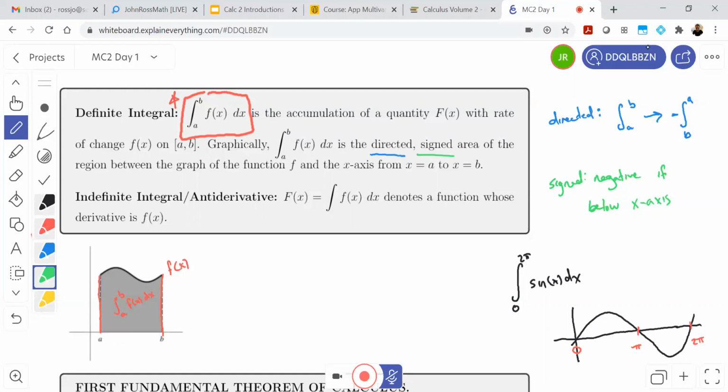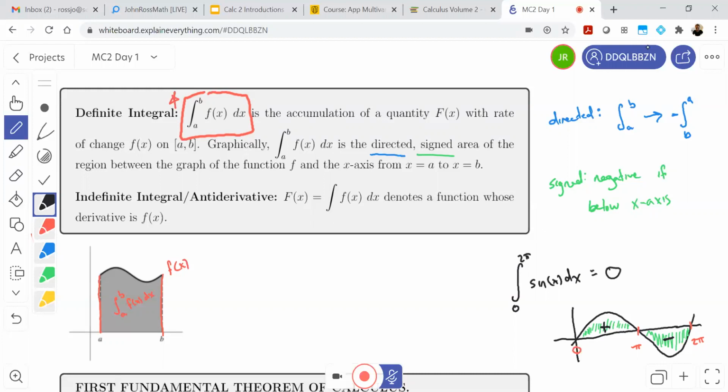So when we talk about signed area, all of this area right here is going to be positive area. It's above the x-axis. And all of this area over here is going to be negative area. That's below the x-axis. And so if you were thinking that maybe the integral from 0 to 2 pi is actually 0, you'd be completely correct.